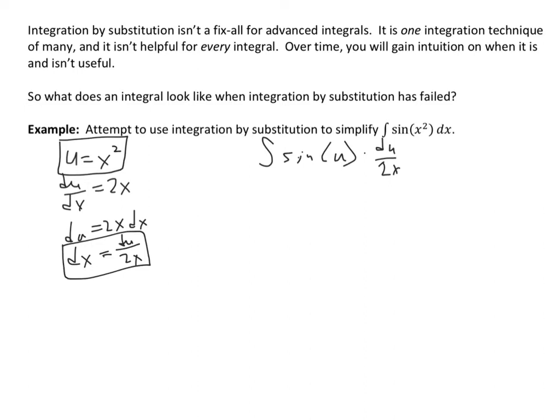Usually when we do a substitution like this, all of these x's cancel out. And this time it doesn't. I can certainly use the constant multiple rule to bring the half out front, so I could have half the integral of sine u times 1 over x du. At this point, I don't have any tools that will let me get rid of this other x that's here.